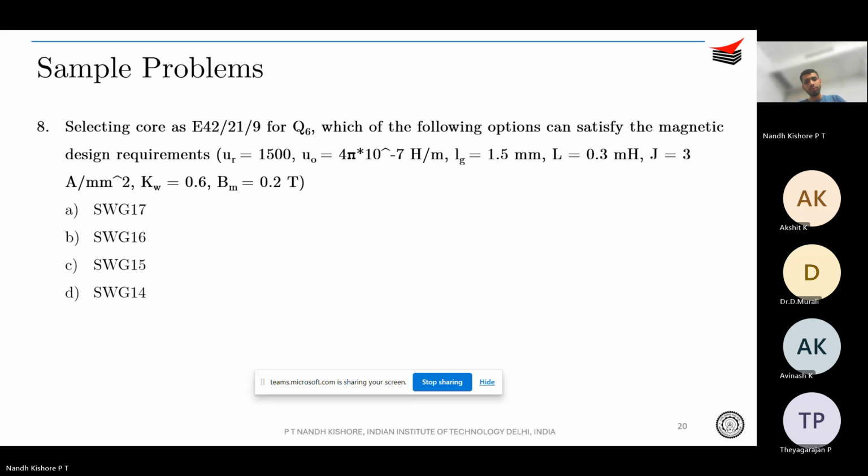Okay, so the previous question was about calculating the area product and choosing a proper core for that. This is the third step that you would generally follow, that is how do you choose the wire gauge.